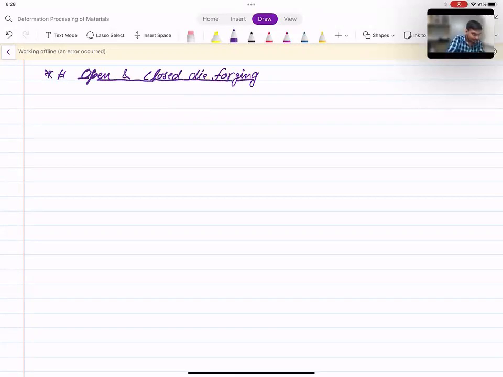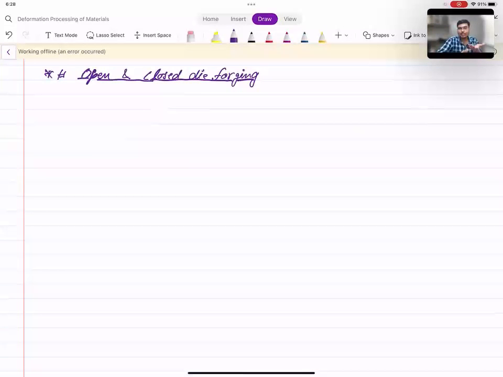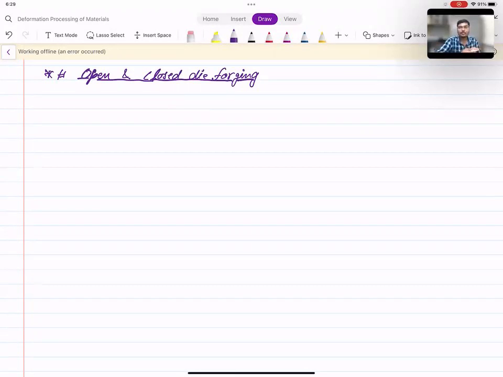Open die forging is the simple forging operation which we have seen in the schematic also, where the workpiece is simply placed on the lower die or table, and it is pressed or hammered with the die from above, which we can also call a punch. It is open to flow in the lateral or transverse direction, and it reduces the dimensions and forms the product.